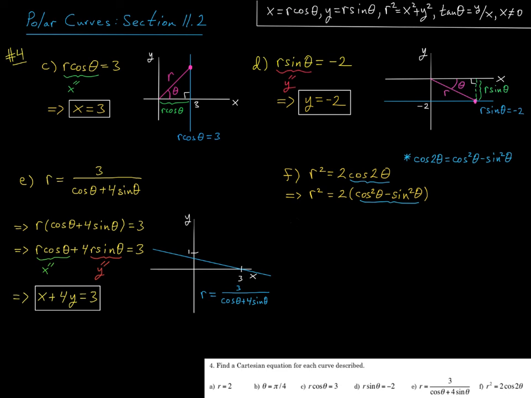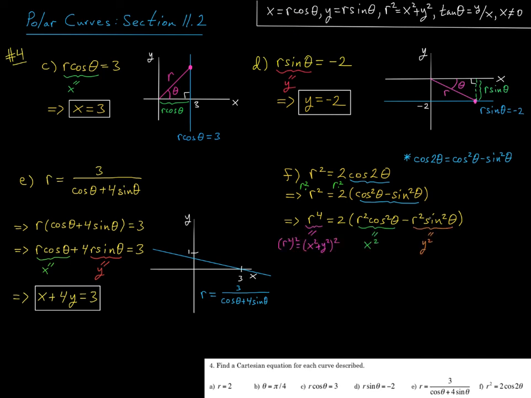And since the cosine and the sine are squared, I'm going to multiply both sides of this equation by r squared. If I do that, I'll get an r to the 4th on the left side. And on the right, distributing that r squared, I get 2 times the quantity r squared cos squared theta minus r squared sine squared theta. And r squared cos squared theta, that's x squared.